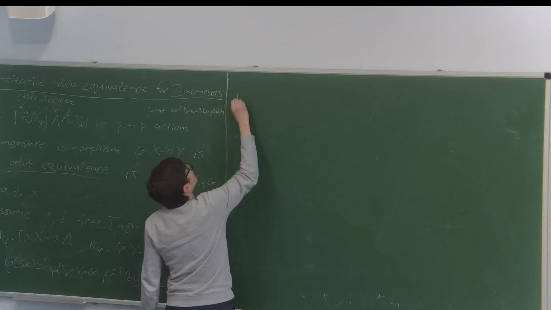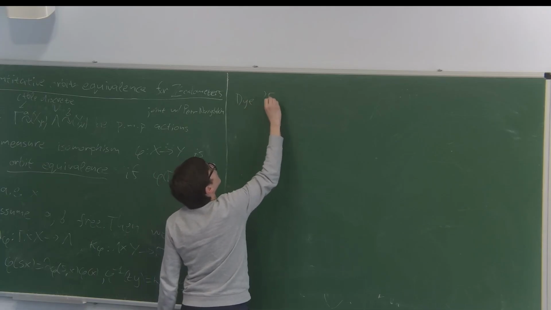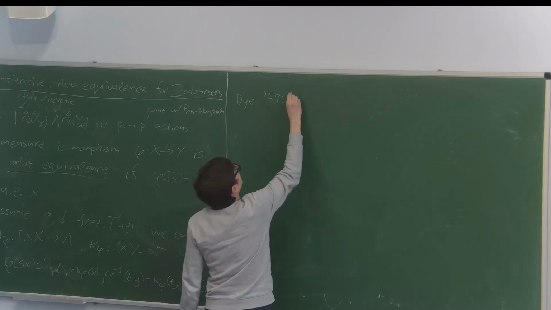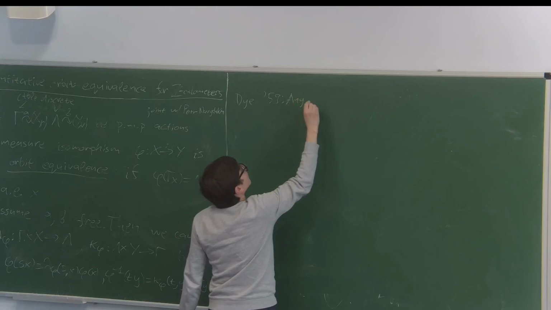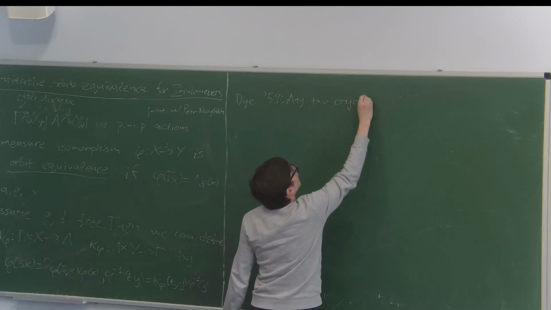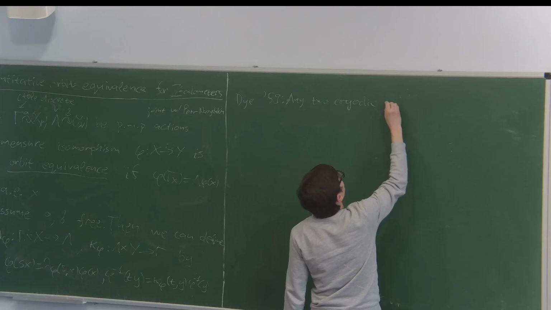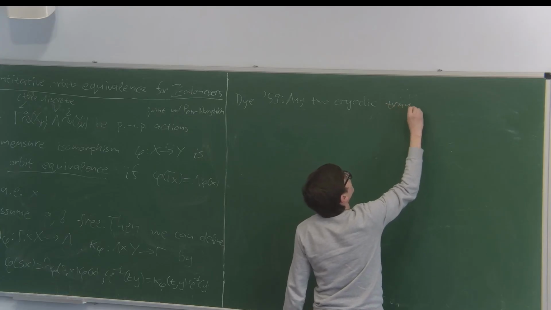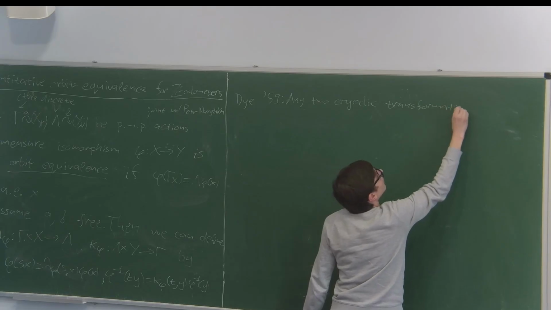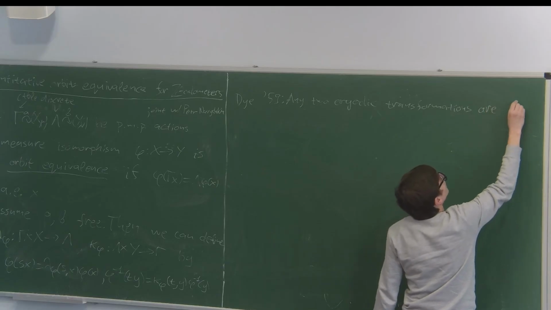So Dye in 1959 proved that any two ergodic transformations are orbit equivalent.